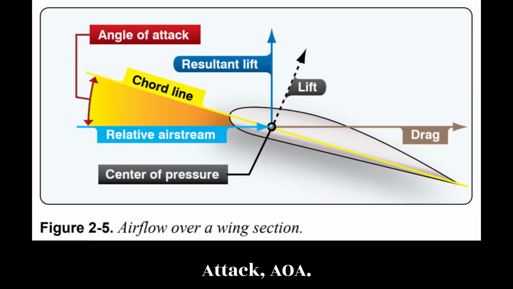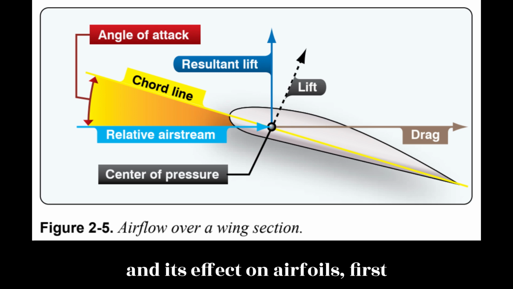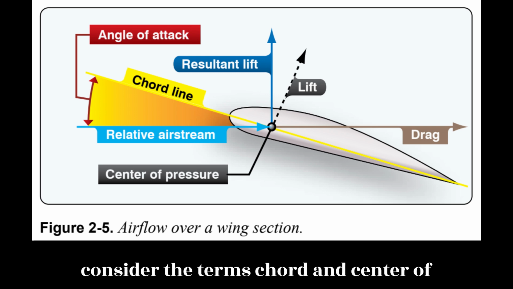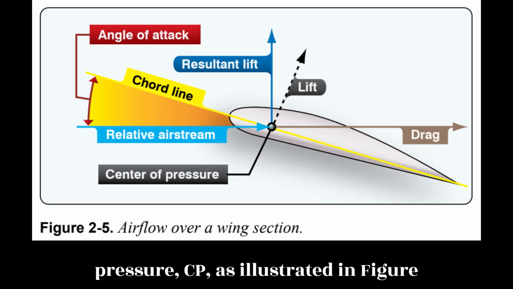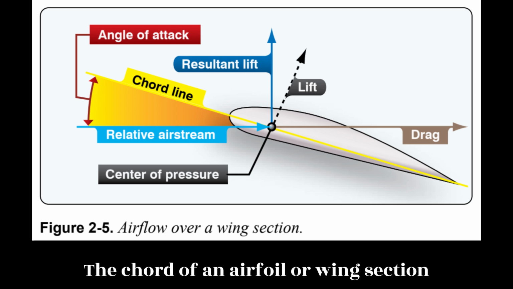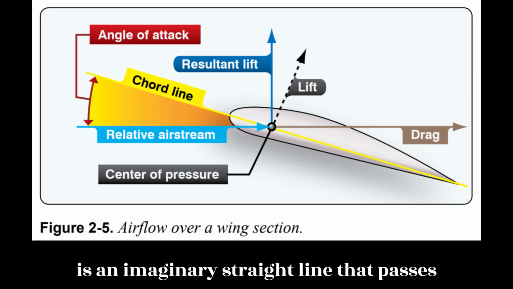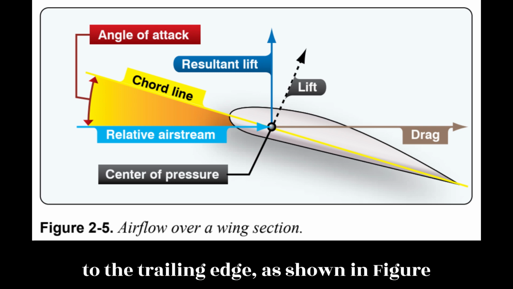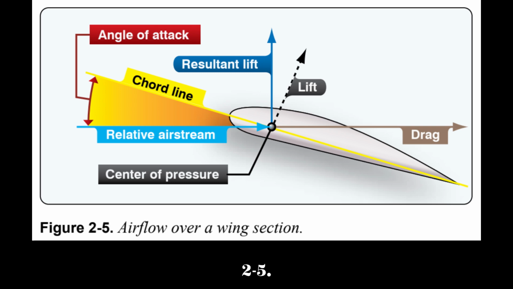Angle of attack, AOA. Before beginning the discussion on AOA and its effect on airfoils, first consider the terms chord and center of pressure, CP, as illustrated in Figure 2.5. The chord of an airfoil or wing section is an imaginary straight line that passes through the section from the leading edge to the trailing edge, as shown in Figure 2.5.